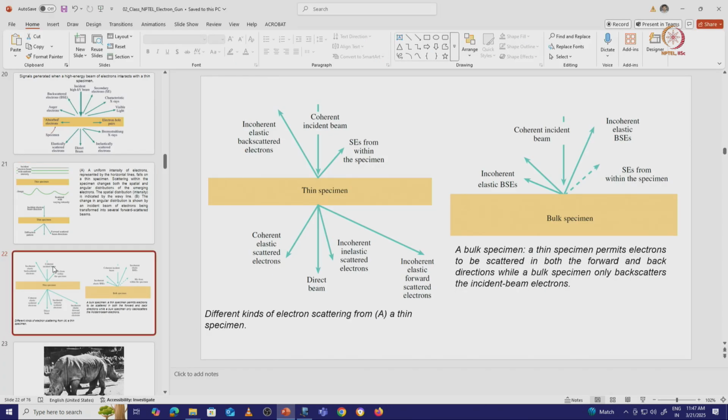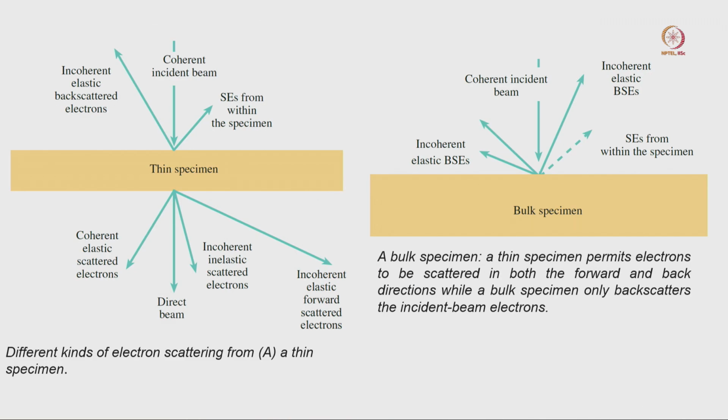So now I hope it is clear why we are talking about the coherent elastically scattered electron beam. In other cases, when there is a direct collision between an electron and an incoming electron, you can get incoherent inelastically scattered electrons. In some cases the beam is incoherent but there is no direct collision.